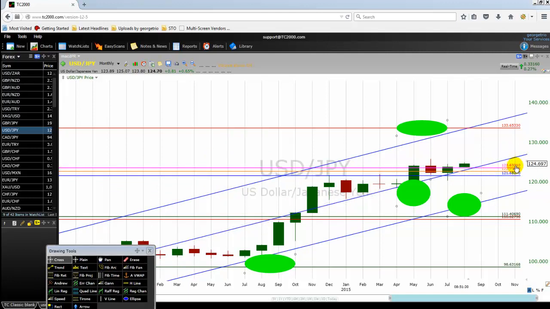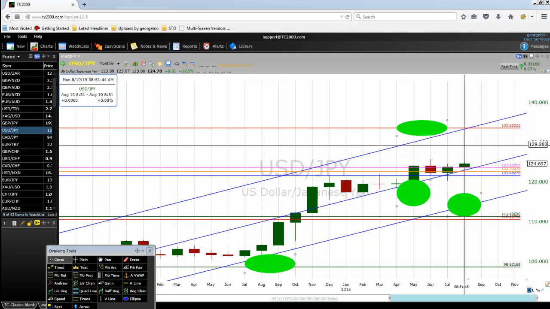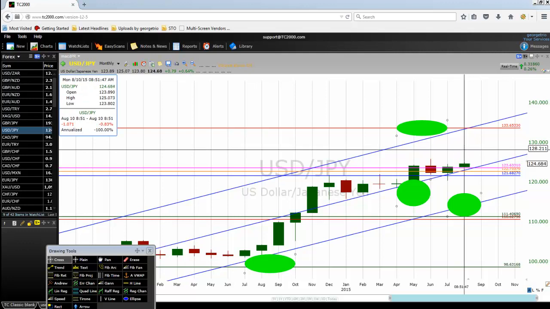Are you with me? Now it's above this level here, we are not below it. So if it's going up, the next key level that we need to watch is 127.55. But before the level of 127.55, there's another level that I'm going to tell you in a minute.